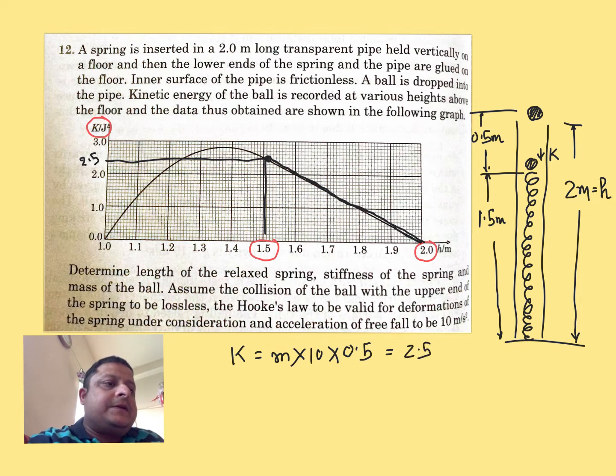So that means, what is the mass? So the mass happens to be 5 kg, right? Or rather 0.5 kg. See, 2.5 divided by 5.